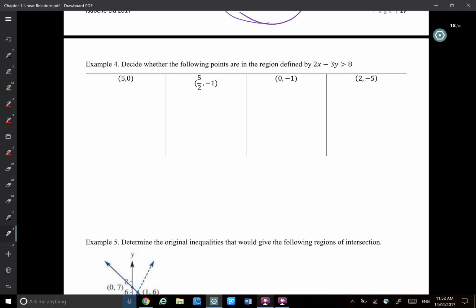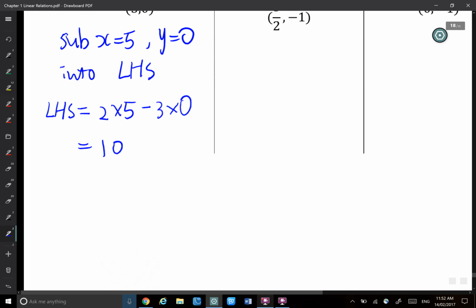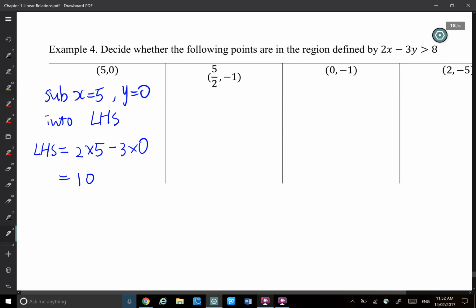So left hand side equals 2x minus 3y. It's 2 times 5 minus 3 times 0. That equals 10. So right hand side equals... not 0, 8.